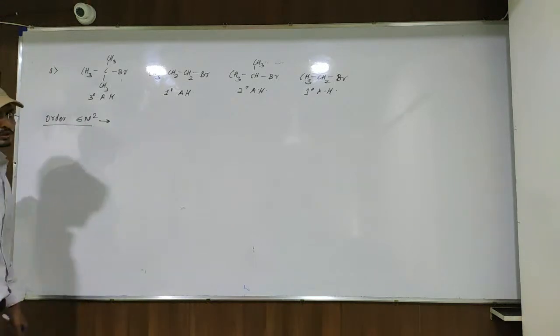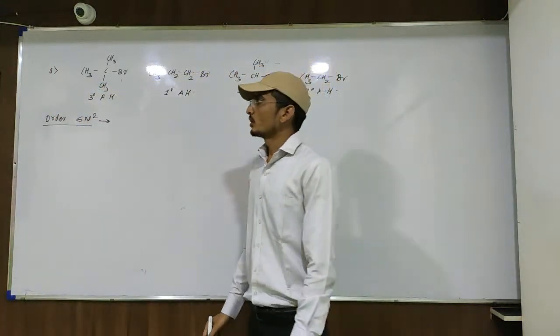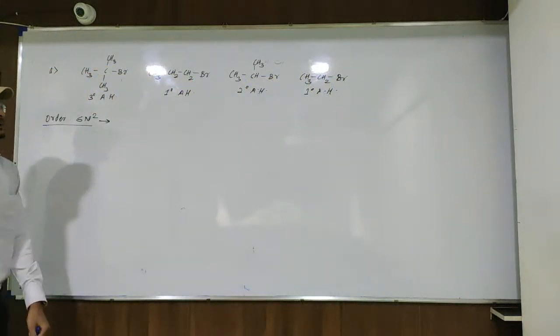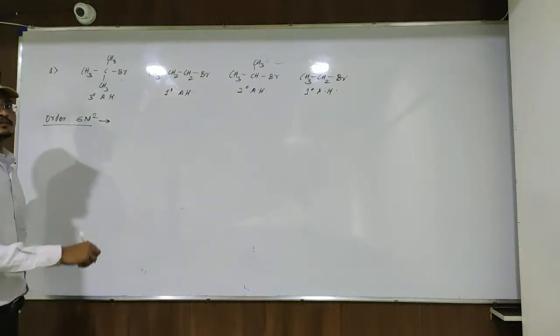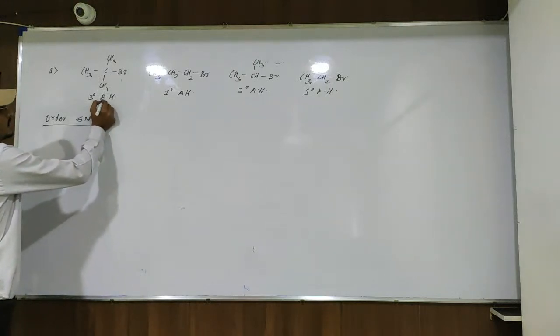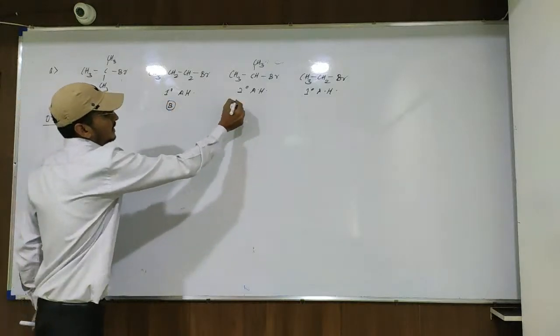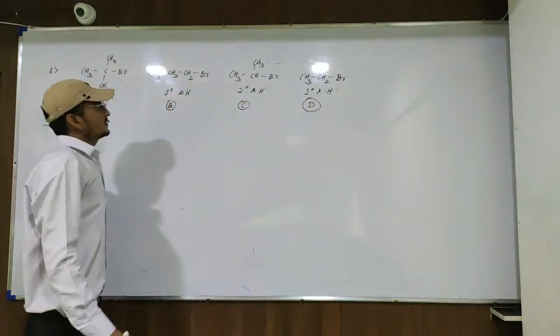So that's why I can go back to the SN2 mechanism. So you know that in the SN2 mechanism, primary alkyl halides always preferred SN2 mechanism. So let us give the numbering. So this is the A molecule, this is the B molecule, this is the C molecule, and this is the D molecule. Okay, so let us see ABCD.